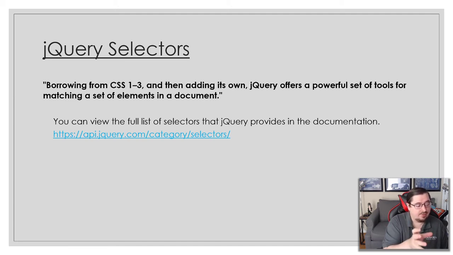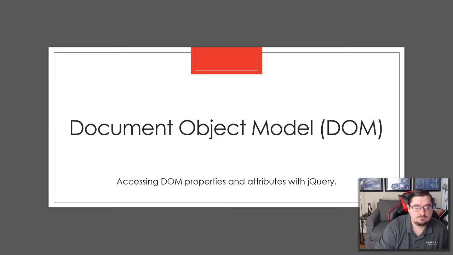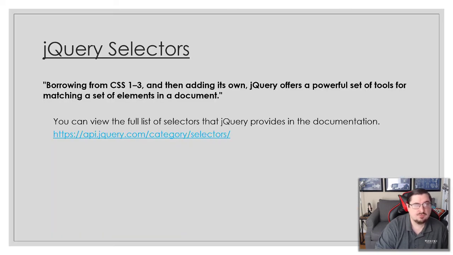Again, they're all the ones in CSS 3 plus some additional ones that are available with jQuery. For most, there's nothing per se new that you can't do with just using the CSS selectors. What the additional ones do provide are simply shorthands for things that you could do with just plain CSS.